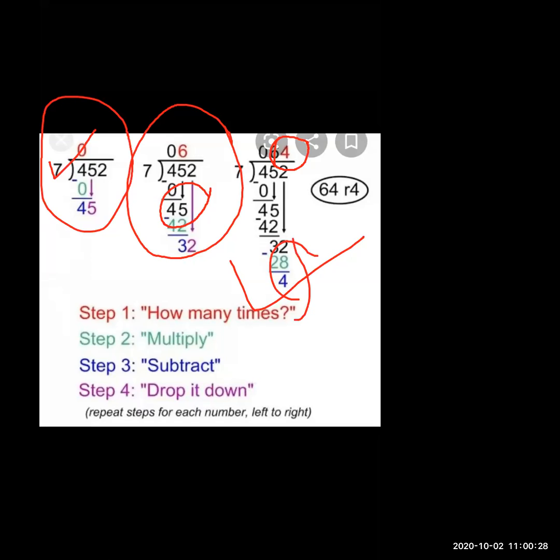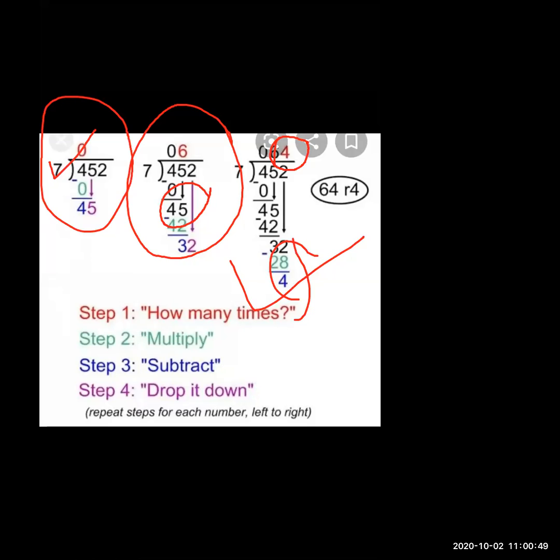Now in this sum, give the name of that number. 64 is what? Yes, students, tell me. 64 is what in this sum? Give me the answer. Yes, students.